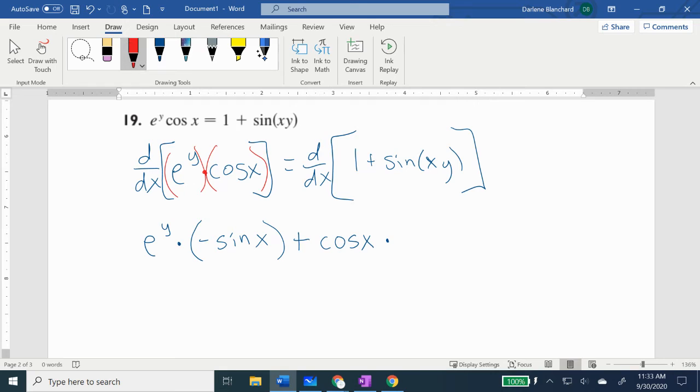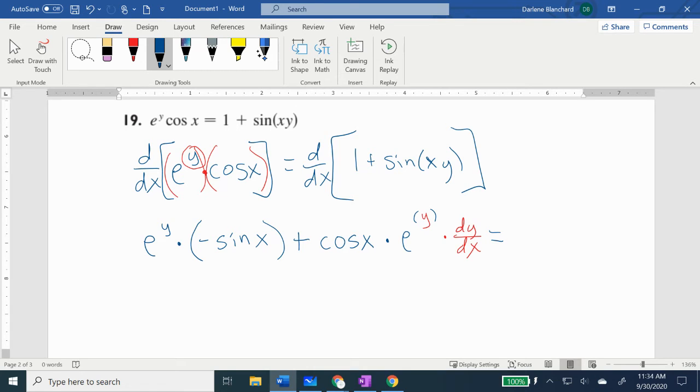But this is with respect to x, so I need to see the y as a baby function and chain rule it. So what I really have is e to the bleh. The derivative of e to the bleh is e to the bleh. And then the chain rule comes along and says, give mommy her baby and multiply by the derivative of that baby with respect to the x variable. And that is the completion of the product rule for the left side.